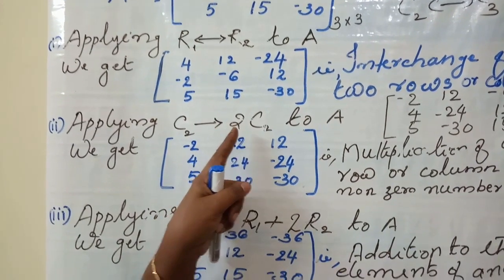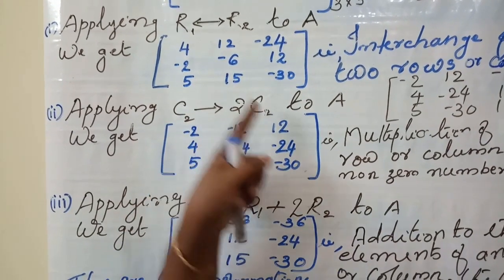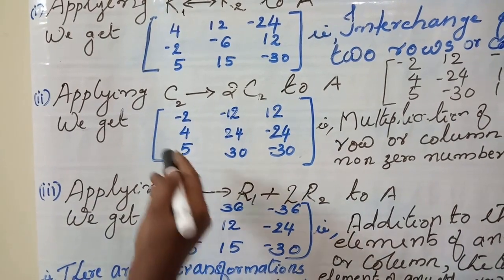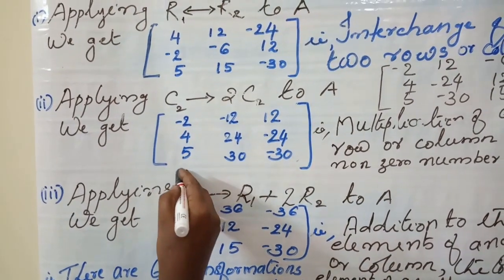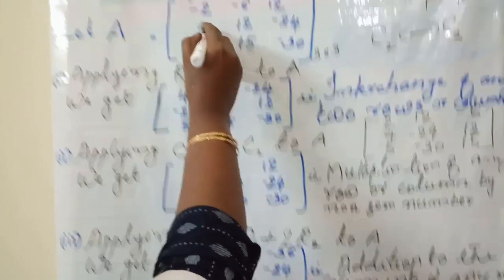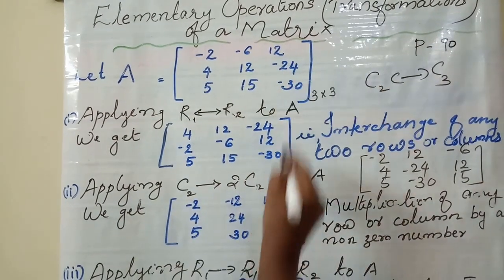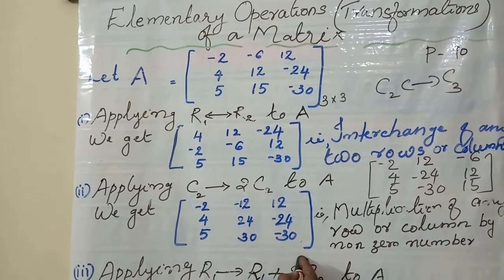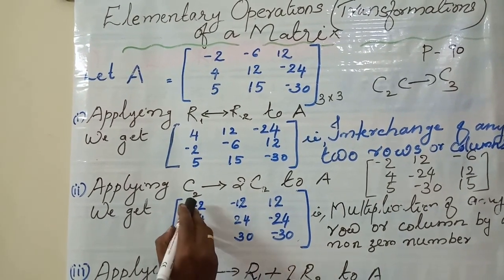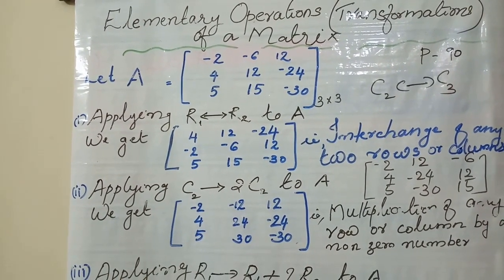What is the transformation there? C2 changes to 2C2. Here is our given matrix. The first column has no change and the third column has no change. Only C2 changes. What is the new C2?